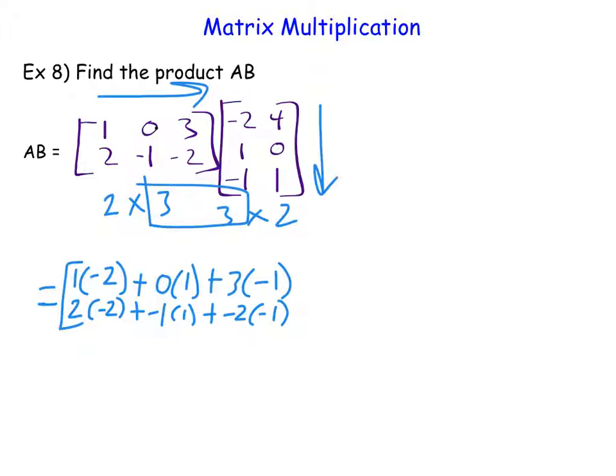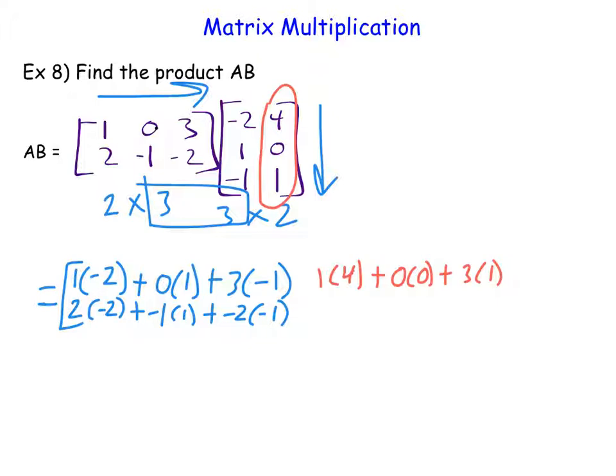Now we're moving over to column number 2, which means this is the column that I'm going to use. So I go back up to the first row of matrix A, which is 1, 0, 3. I'm going to use that one again, and we're going to go 1 times 4 plus 0 times 0 plus 3 times 1.